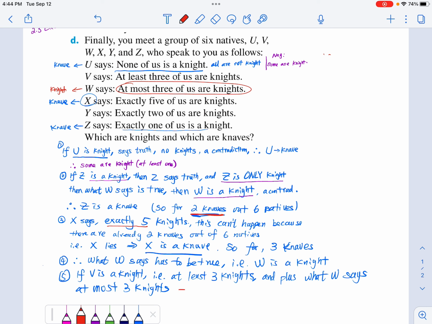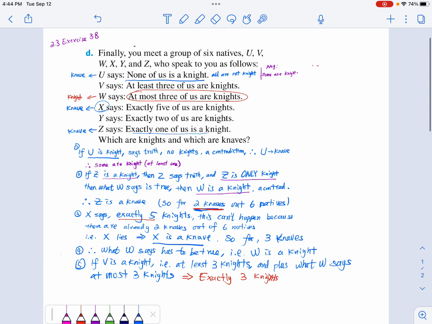I hope that you can conclude that exactly 3 knights, right? Exactly 3 knights. That's what it says. Well, because we already know U, X, Z are knaves, and if exactly 3 knights, then V, W, Y are the only 3 knights, right? So therefore, we can conclude that Y has to be a knight, so that there are 3 knights.